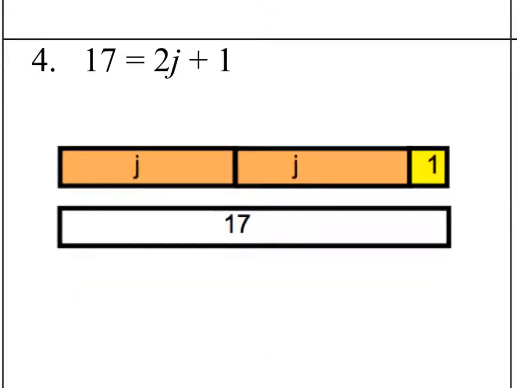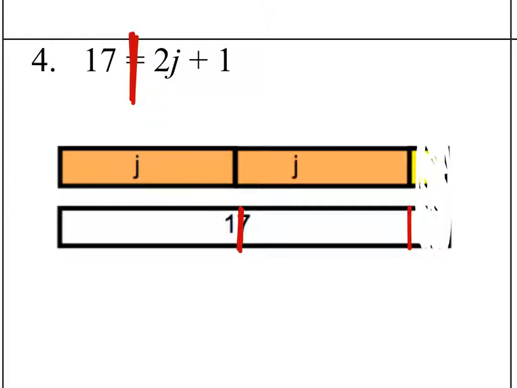Alright, number 4 shows that we got 2 j's and a 1 that match that 17. Notice that both bars are always separated by the equal sign. So the 17 is the same as the 2j and the 1. So if we split this up, there's a 1 right here, and then each j. So the 2 bars, because we can get rid of this garbage now and focus just on the j parts.